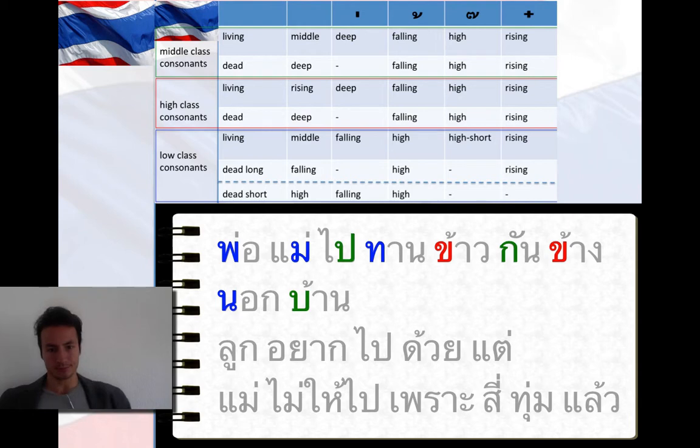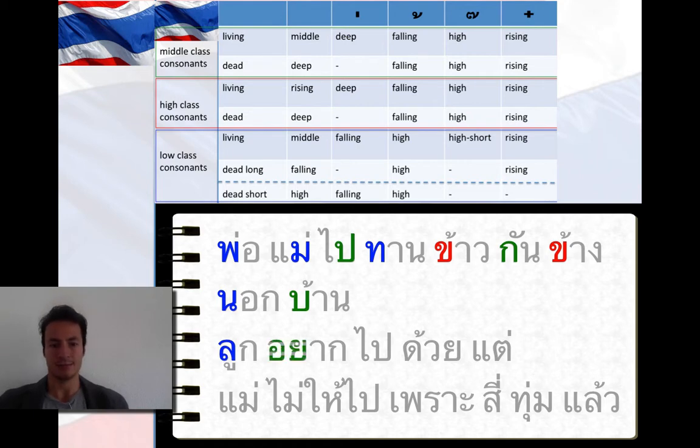Okay, cool. This time the tones or the rules are not going to be explained that well, but you can come up with the rules by taking a look at the table on your own. Lu, falling tone.